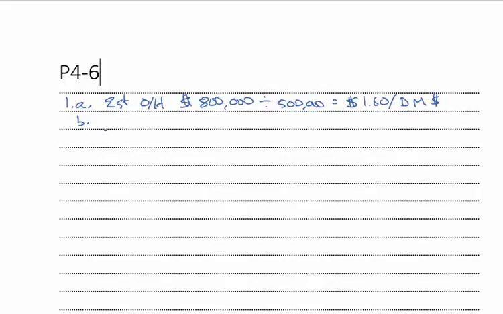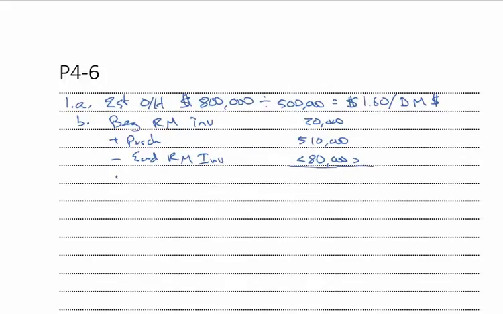All right, so that's going to be beginning raw material inventory of 20,000 plus purchases $510,000 minus ending raw material inventory 80,000. So the direct material used, 450.